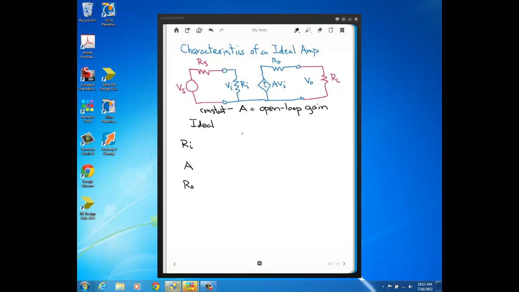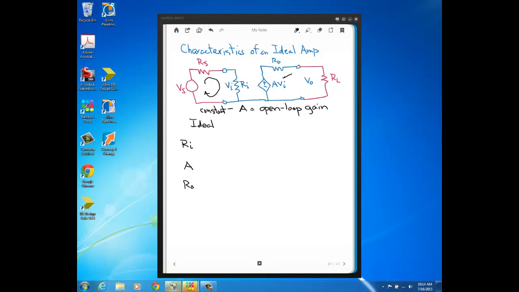Now, the first thing you have to consider here is, what do we mean by an ideal amplifier? Well, an ideal amplifier would make the output signal as large as it possibly could be. So ideally we want to make this signal over at the input as large as it can be over here at the output. So notice that there's two loops. There's a loop here and there's a loop here.